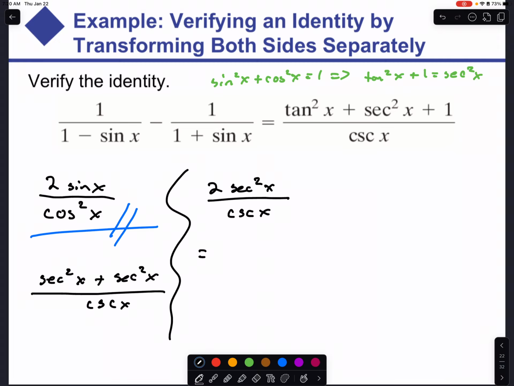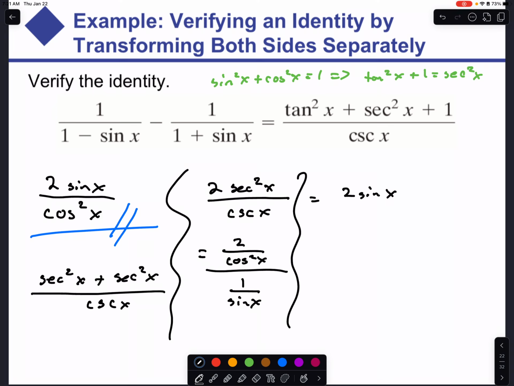Secant is a reciprocal of cosine, so we're going to have 2 over cosine squared x. Cosecant is a reciprocal of sine, so that's going to be 1 over sine of x. So flip and multiply. So then we get what? 2 sine x over cosine squared x, which is the same thing.